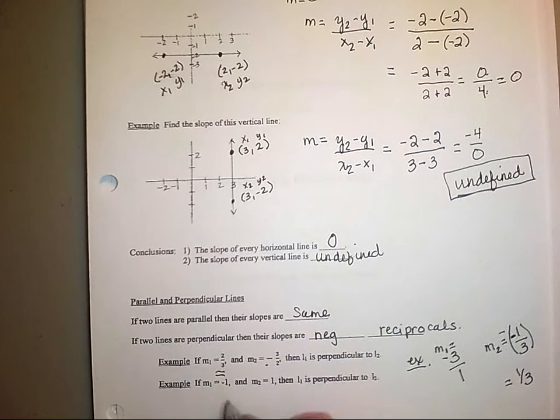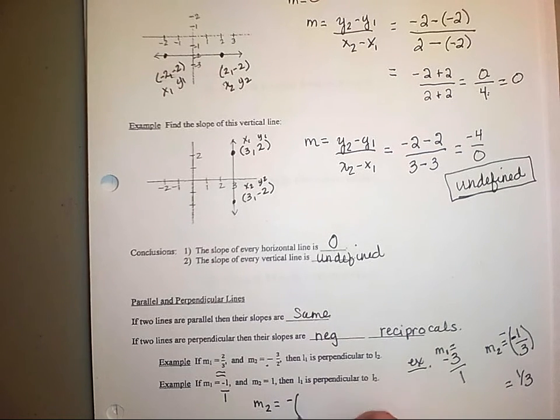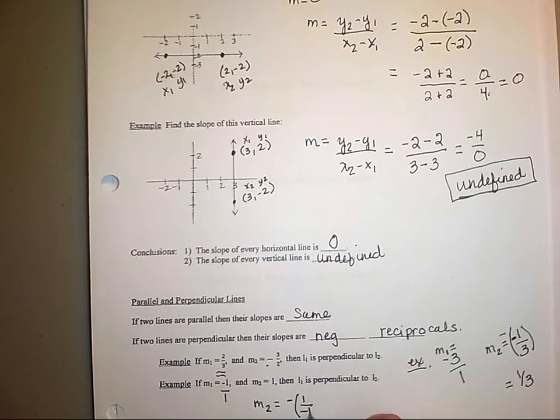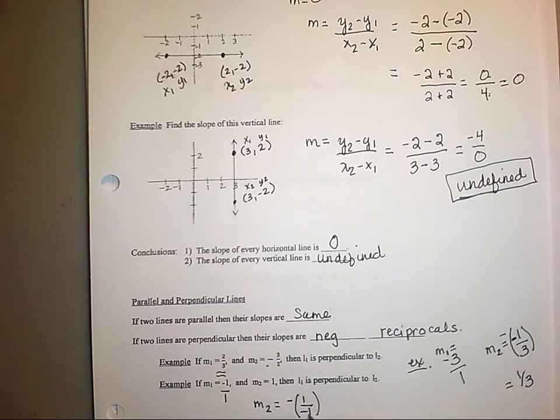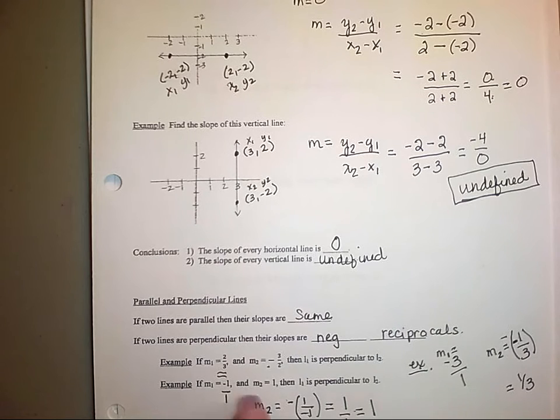The same thing happens here. If the slope of the first line is -1, remember you could write that as 1/-1, then for the second one you need to make it negative and then take the reciprocal, and the two negatives become positive, to get 1/1, well, that's just 1. Okay, so that's what these two are telling you.